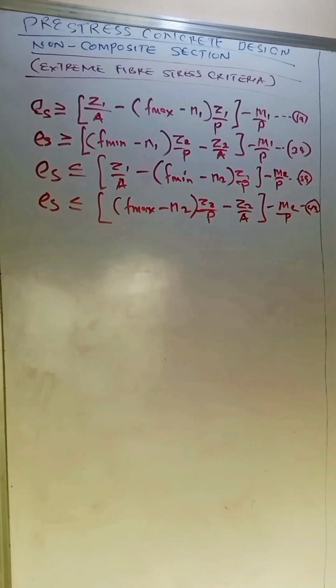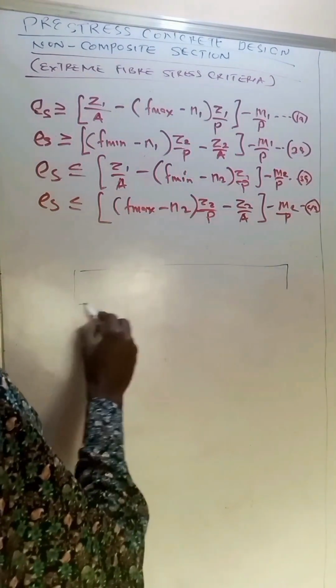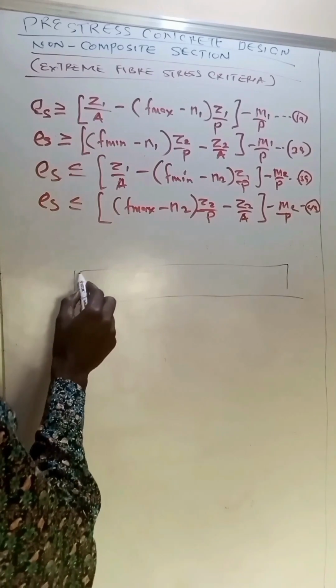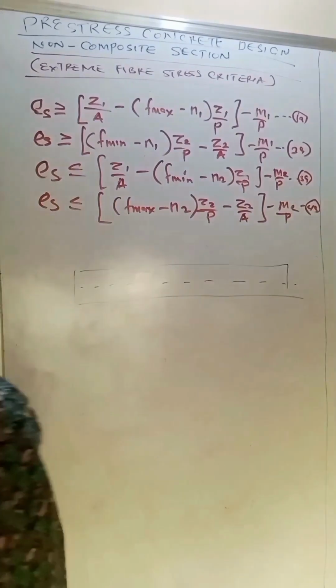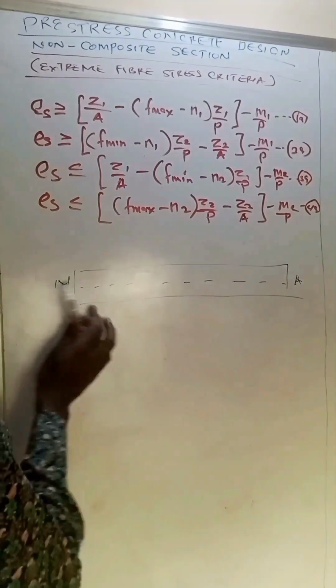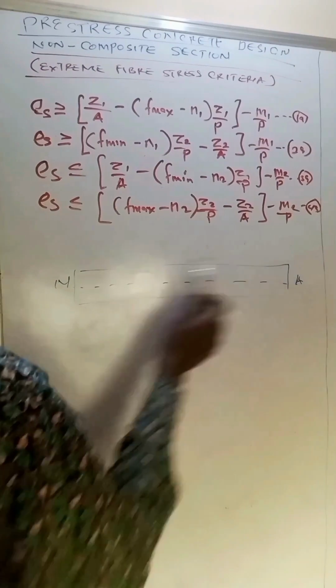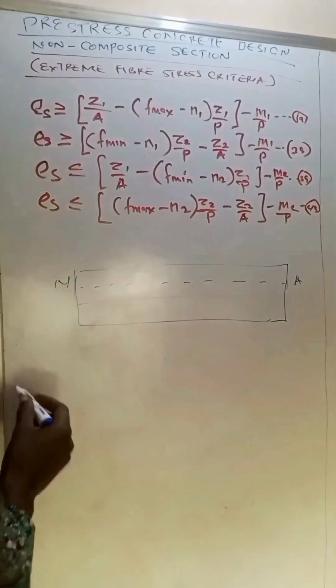If I may do a little illustration, let's assume we have a beam of this nature. Let's assume this is the neutral axis of our beam. Let me make it a little deeper. So let's assume this is the beam, okay?